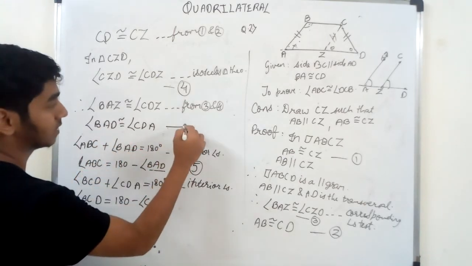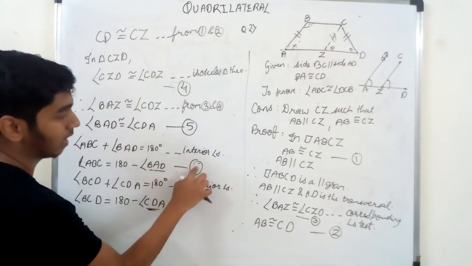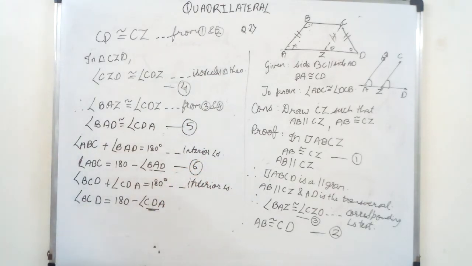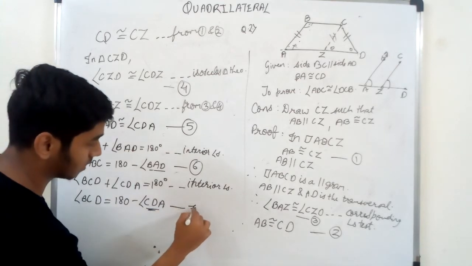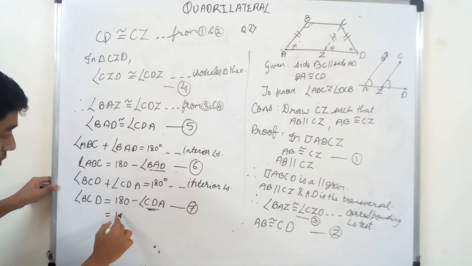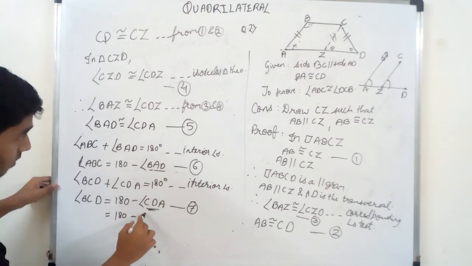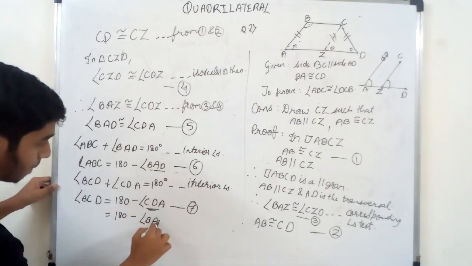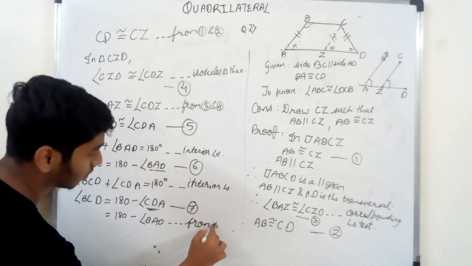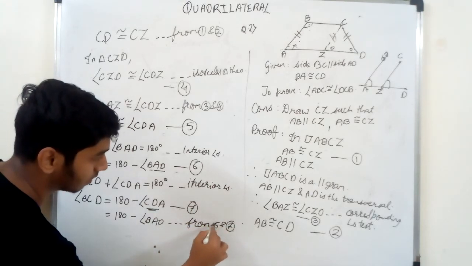So let's name this as 5 and this as 6, okay, and this as 7. So here this will be 180 minus BAD from 5 and 7.